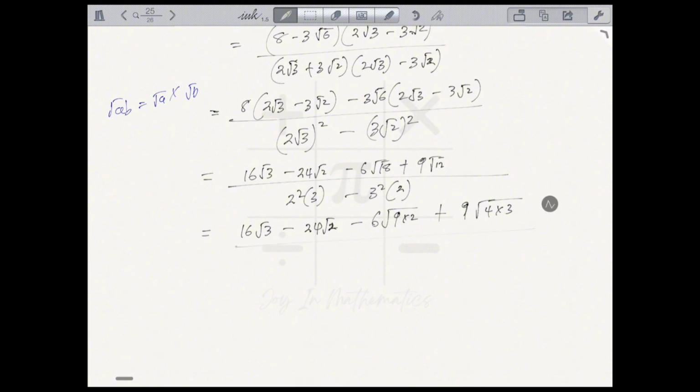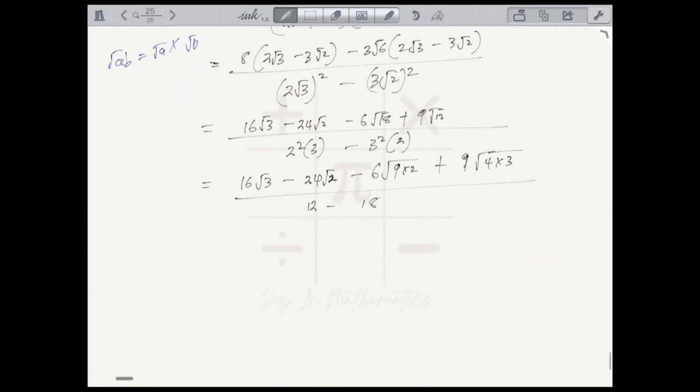So the result of the denominator will be 12 minus 18. Okay, so this will be 16 root 3 minus 24 root 2, and this will result into 6 times 3 root 2, so we can just say it is 18 root 2, and this will be 9 times 2 multiplied by root 3, so we can just say it is also 18 root 3.